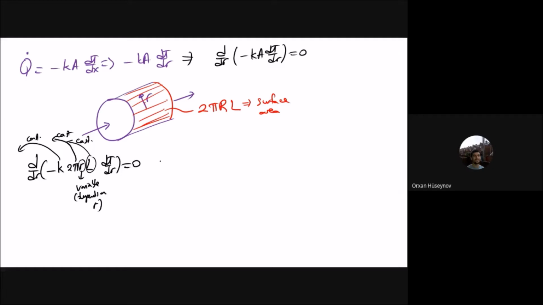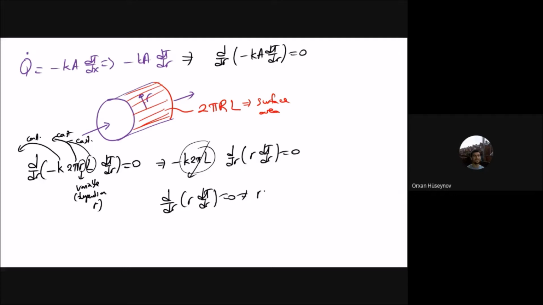So if these are constants, I can just write negative K and the 2 pi L, and you will have d by dr of r dT by dr. It will be equal to 0. And these are all constant, therefore, you know that the right hand side is 0, so you can divide by these terms, and in the final result, you will have d by dr of r dT by dr is 0.